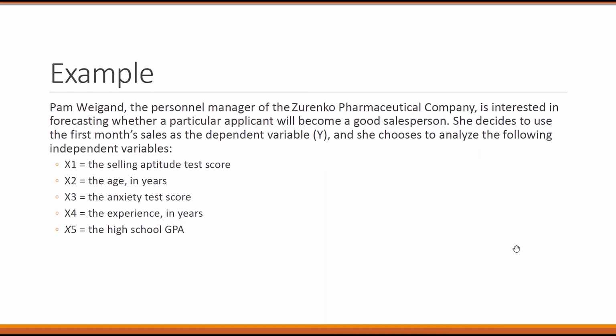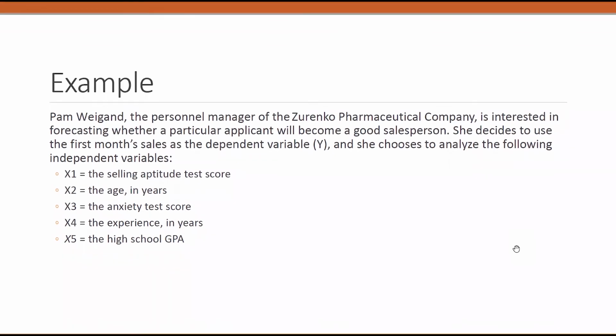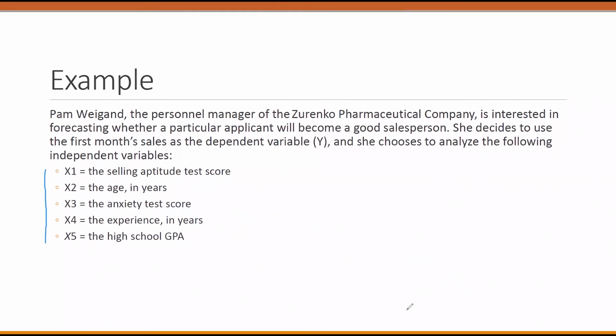Okay, so the Y variable will be the first month sales, and the X variables include X1, selling aptitude test score. X2 is the age in years, X3 the anxiety test score, X4 is the experience in years, and X5 is the high school GPA. Okay, so 5 X variables to run the multiple linear regression model.